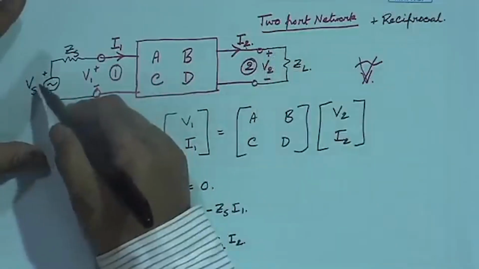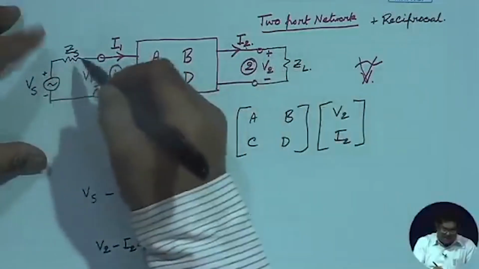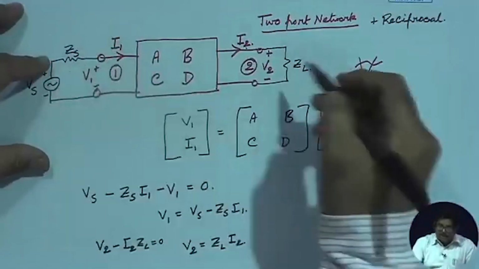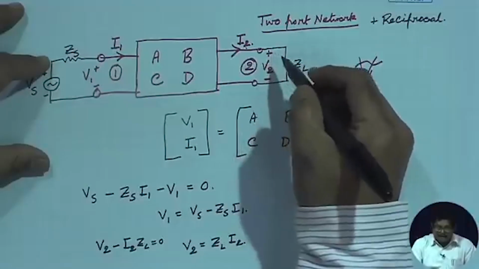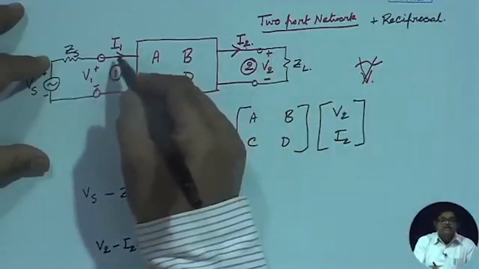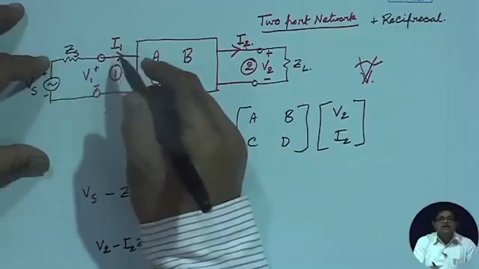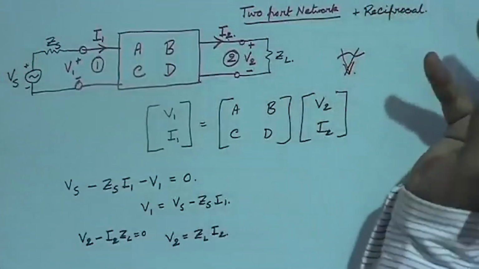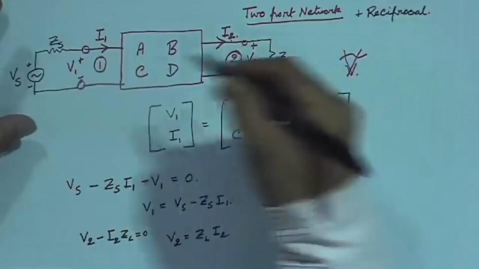Then I will find this quantity first. Then I will excite port 2 with this same voltage Vs, and obviously this Z dash should be kept there. I will excite with Vs and find the current I1, which will be the response. I will find that ratio, which is the transfer impedance from port 2 to port 1.